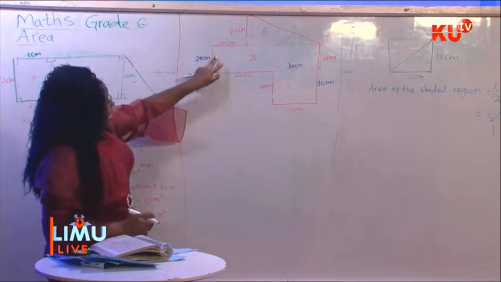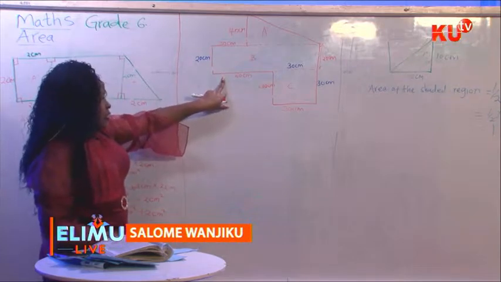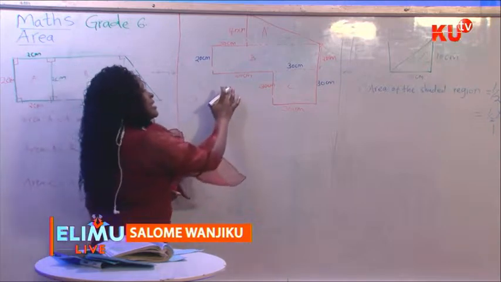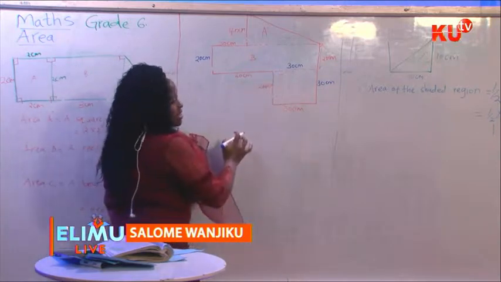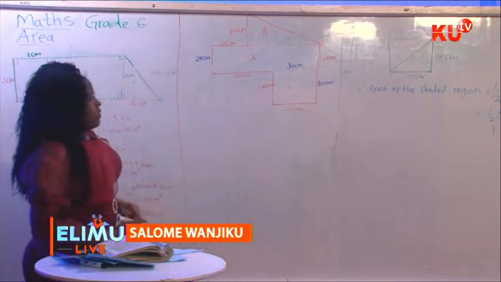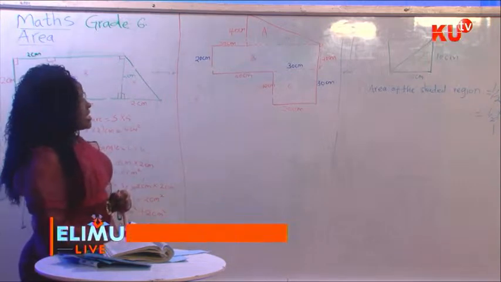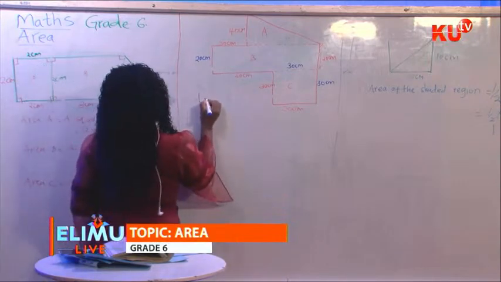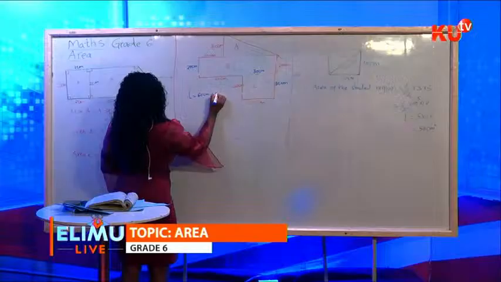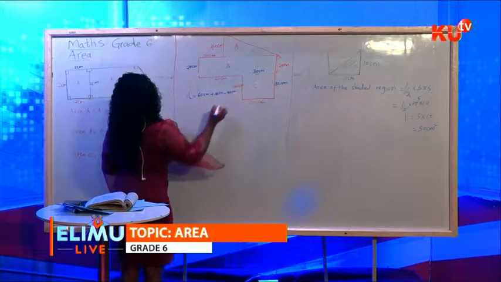Yeah. Then we go to the length of the rectangle. We can get the total length by adding 60 plus 30. So the whole of this is the length of a rectangle. So the length becomes what? 90, is it? So the length is equal to 60 centimeter plus 30 centimeter, which is equal to 90 centimeter.